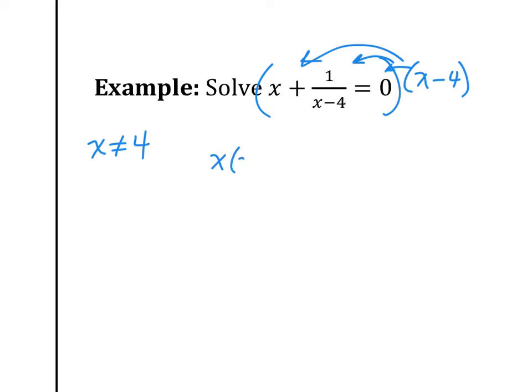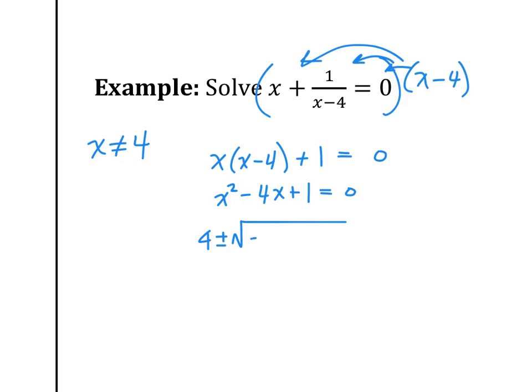So x times x minus 4, the fraction cancels out, and then anything times 0 is 0. All right, x squared minus 4x plus 1 equals 0. This does not seem like it's factorable, so we're going to have to use the quadratic formula. 4 plus or minus square root of b squared minus 4ac all over 2a.